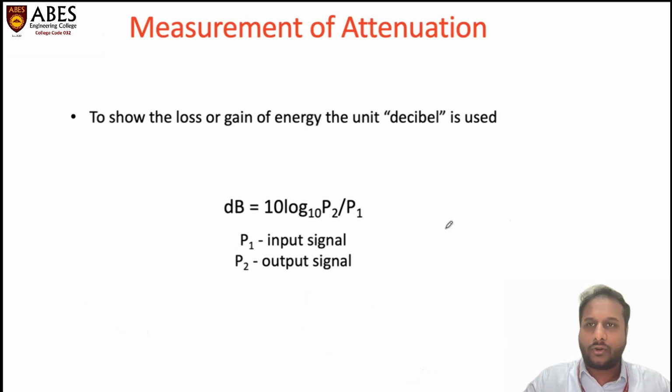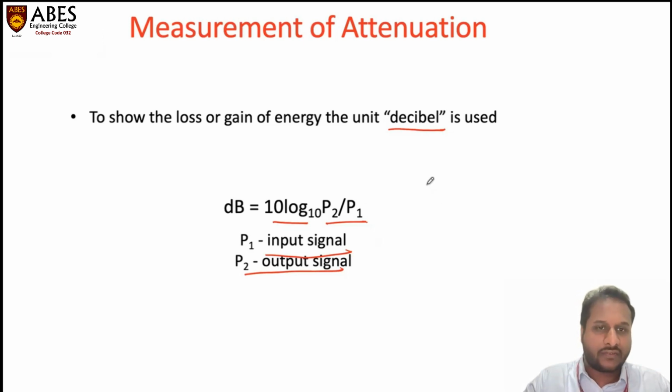When we talk about any kind of strength, we talk in decibels. Decibel is a unit of measurement in which we find the strength of a signal. Decibel is 10 log base 10 P2 by P1, where P2 is the output signal and P1 is the input signal. By this formula, we can find the energy loss, or attenuation.